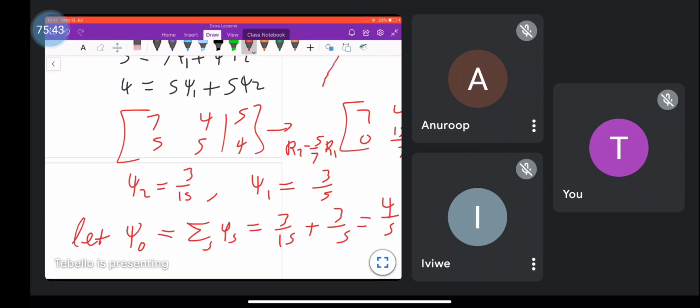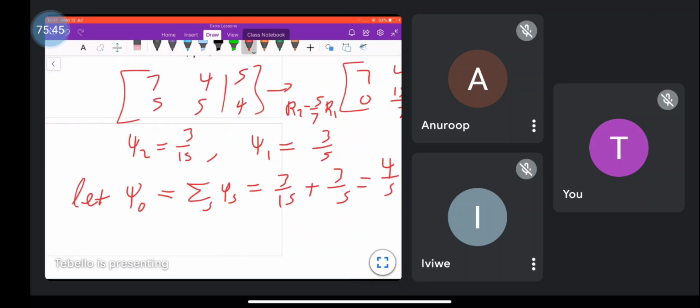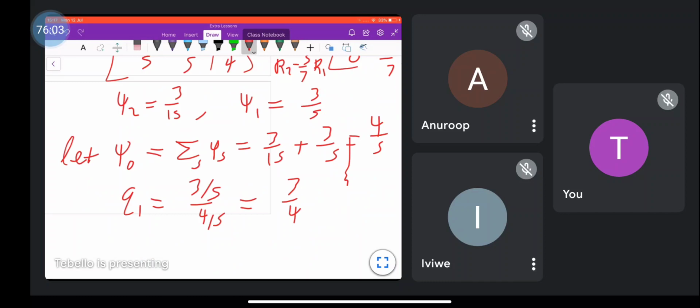So your artificial probability Q1 is going to be 3 over 5 over 4 over 5. The answer is going to be 3 over 4. And the artificial probability for state 2 is obviously going to be 1 over 4.